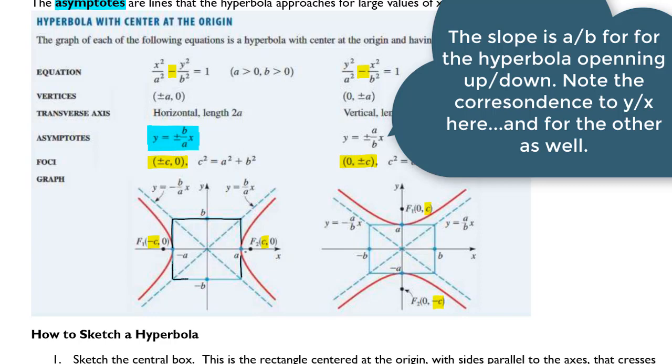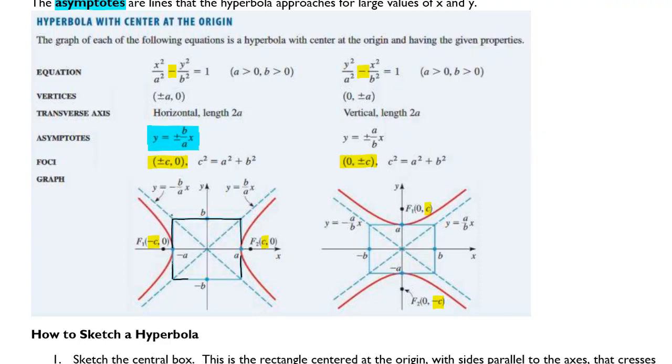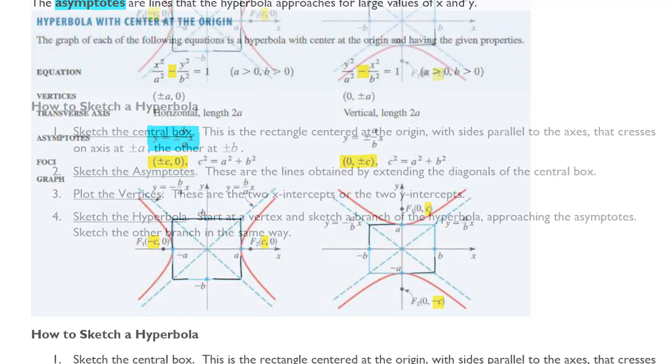It doesn't really make sense to say max-min when they're opening sideways, but it definitely does when you're looking at the hyperbolas that open up and down. These boxes centered about the origin help you determine how to sketch your slant asymptotes.